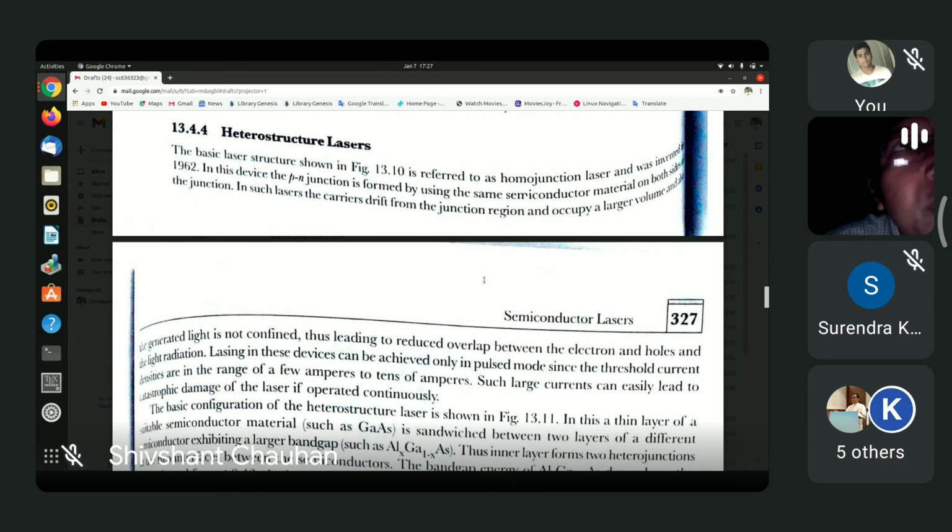For example, if the basic material is gallium arsenide phosphide, then you can dope it with tellurium to make it n-type, and dope it with zinc to make it p-type.